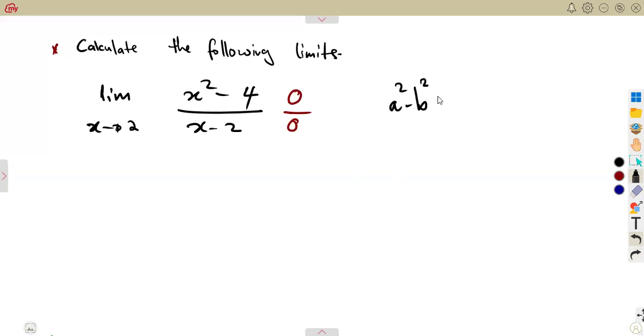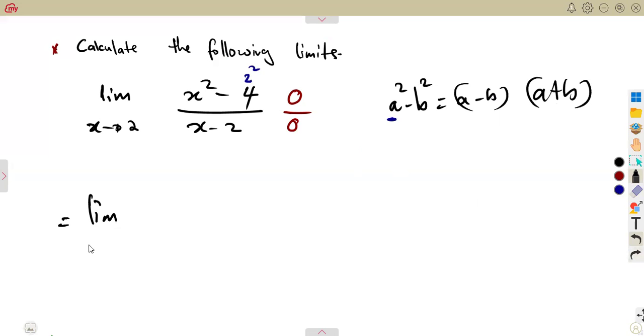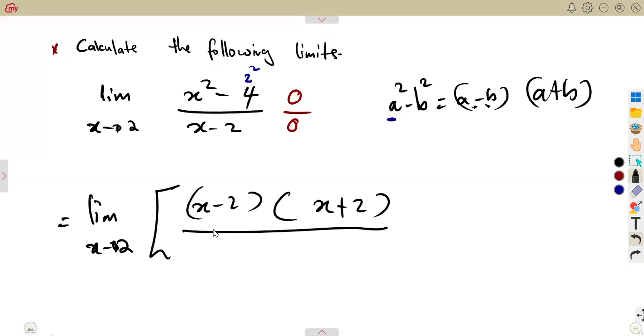That's a difference of two squares. Remember, a squared minus b squared is equal to a minus b into a plus b. So from this, we have x squared, and the 4 is written as 2 squared. That means we can have two brackets: x minus 2 into x plus 2, everything over the denominator as it is.